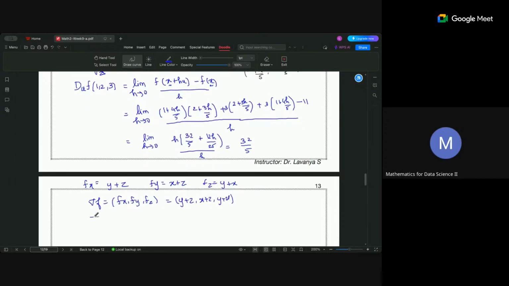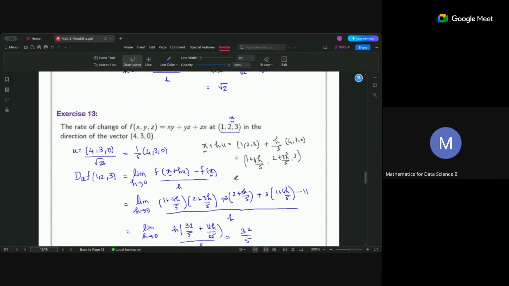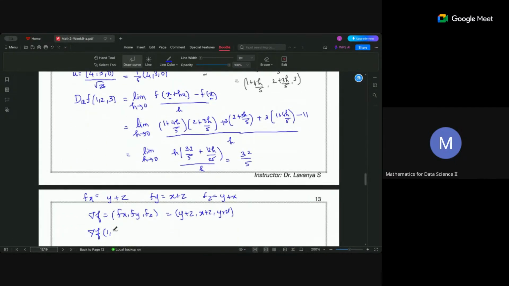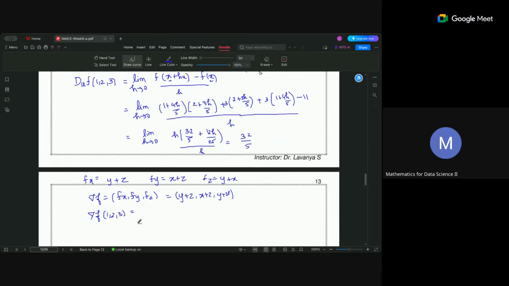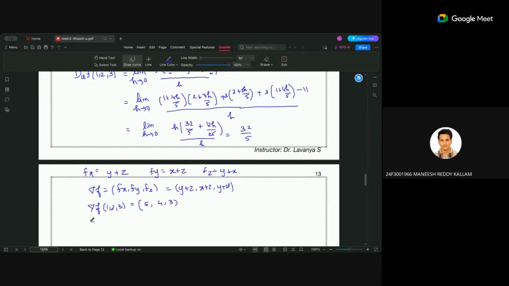Now what is del f at x tilde, which is (1, 2, 3)? Directly substituting, it is (5, 4, 3). Is that correct? Yes. So now D_u f at x tilde is equal to del f at x tilde dot product with u.